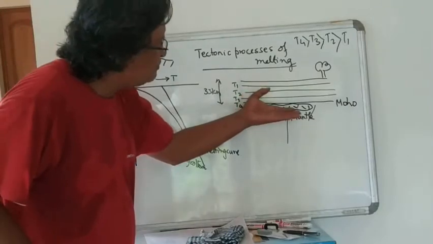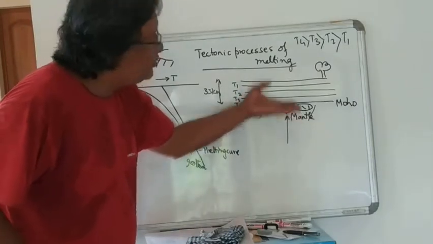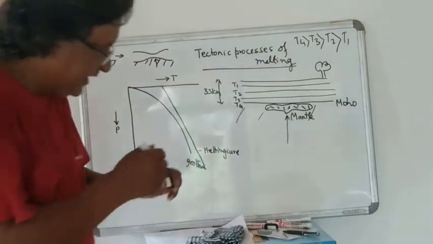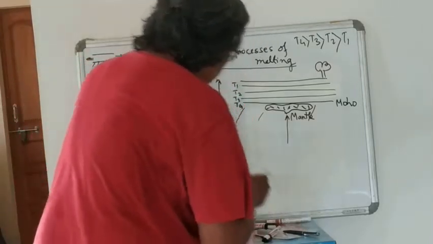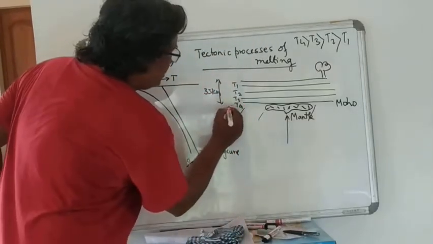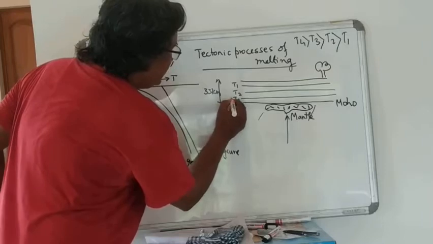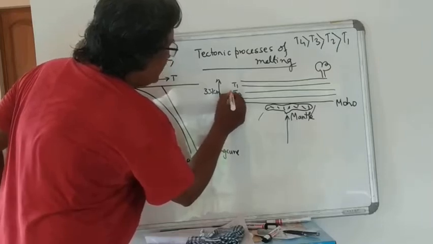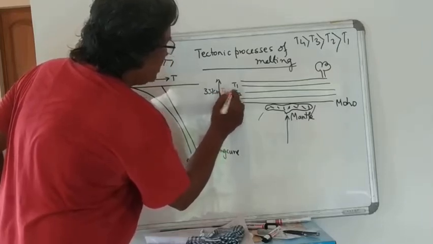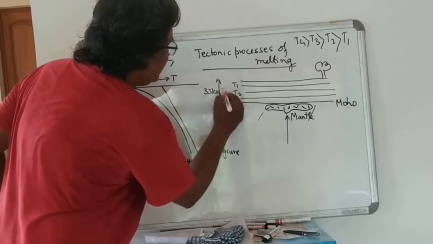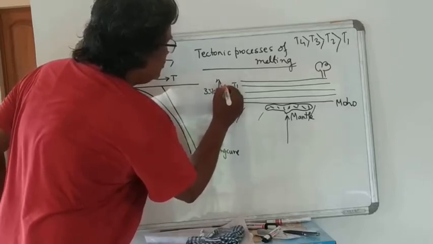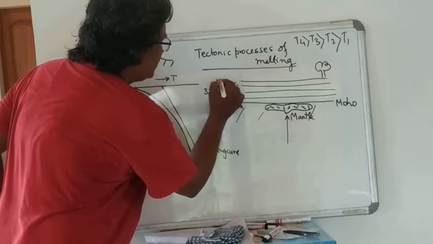When this melt cools down, it releases heat. So when it releases heat, your T4 goes to T5, your T3 goes to T4, your T2 goes to T3, and your T1 goes to T2, and similarly this one goes to T1.